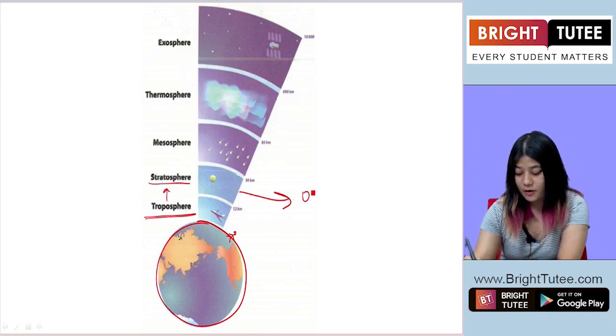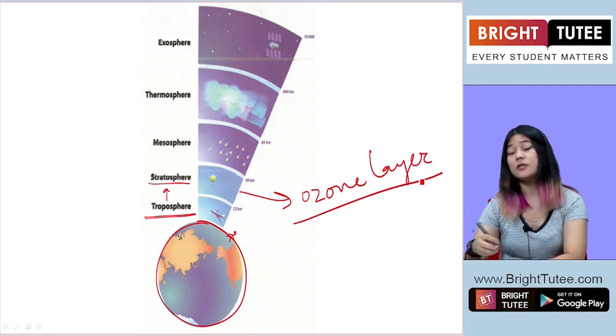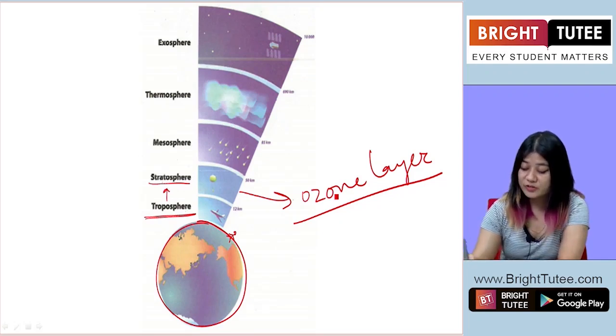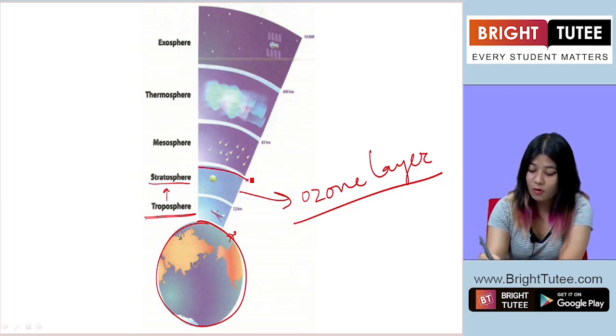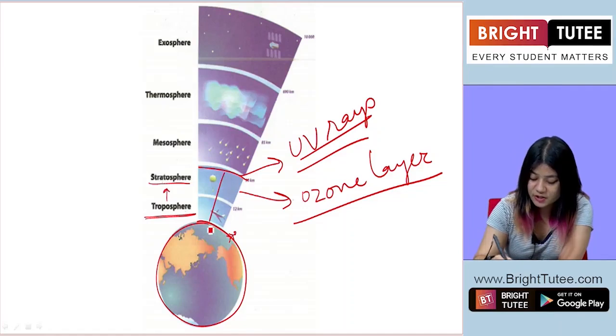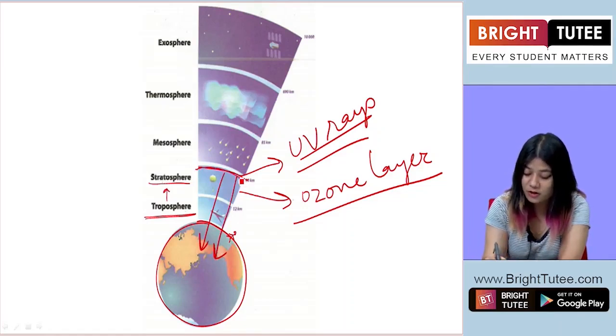It is this layer which has the ozone layer. Now the ozone layer is very important for us living on earth, because it prevents all the harmful UV rays, ultraviolet rays, from reaching the earth's surface. Okay, so they are blocked by the ozone layer.